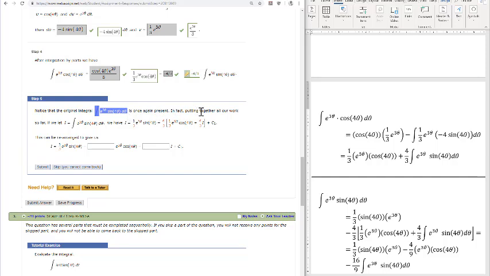Putting it all together, the integral is equal to this part that we got, and then 4/3 times 1/3 times 4/3 the integral, and there's that C that pops up. So this is essentially the 1/3 e to the 3 theta cosine 4 theta plus 4/3 times the original integral that we got. So that's what we're looking at here.